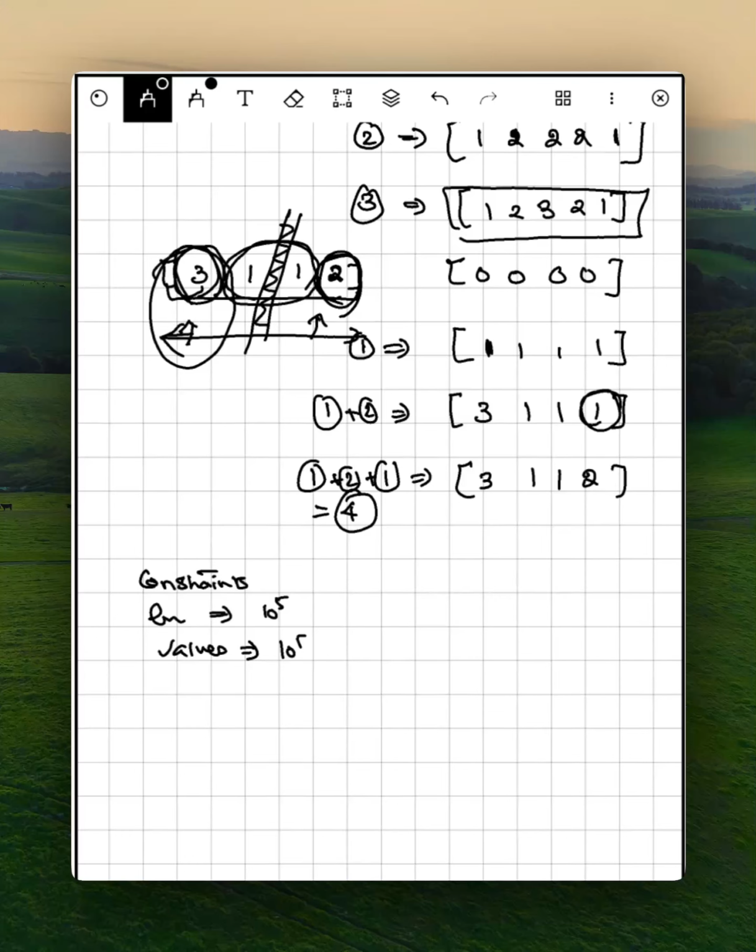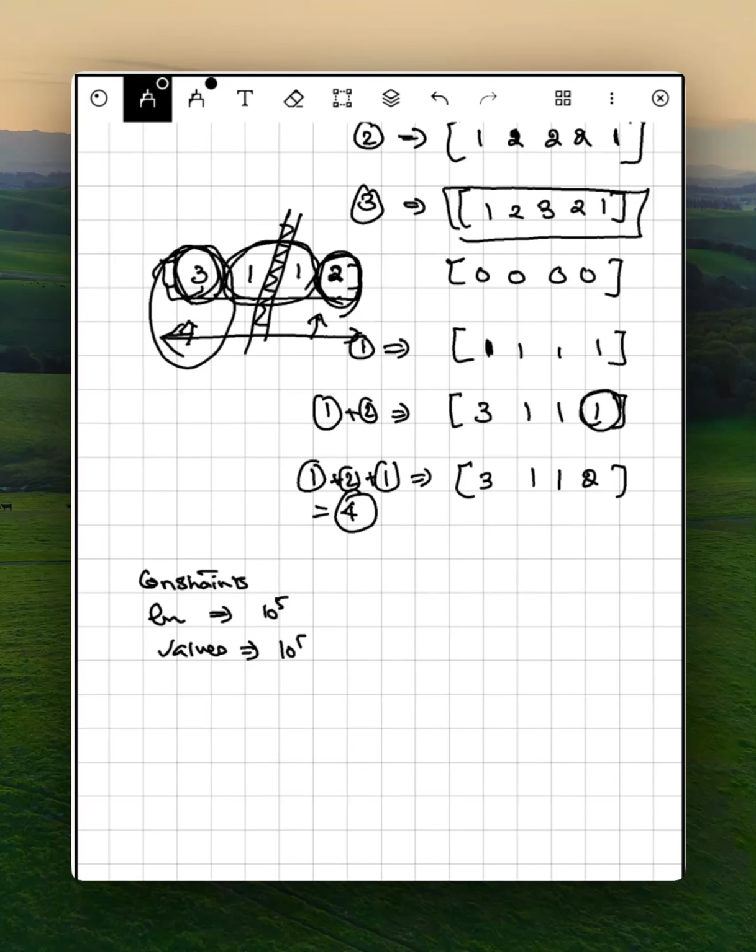Those are not possible. So we'll have to think about something that runs in order of n or order of n log n.